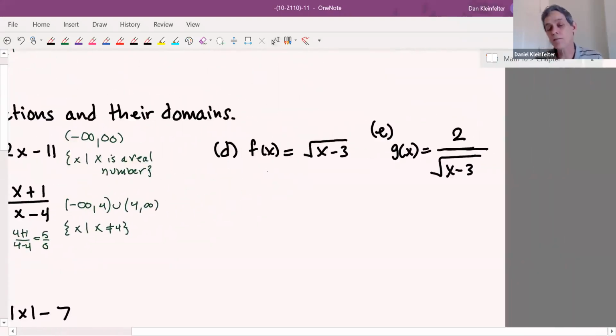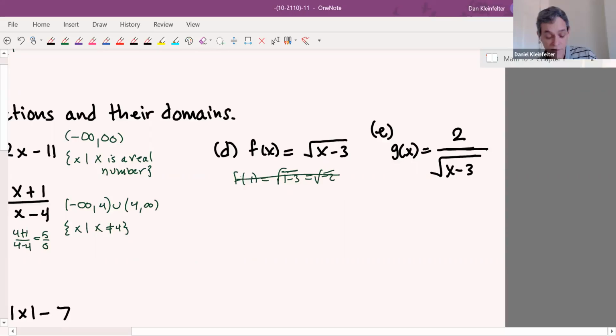Okay, for D, we have f of x, which is the square root of x minus 3. In order to get this to be defined as a real number, what has to be true? Well, if I tried f of 1, we'd have the square root of 1 minus 3, the square root of negative 2, which is not a real number. It's a complex number. Okay, so no, that's not going to work.